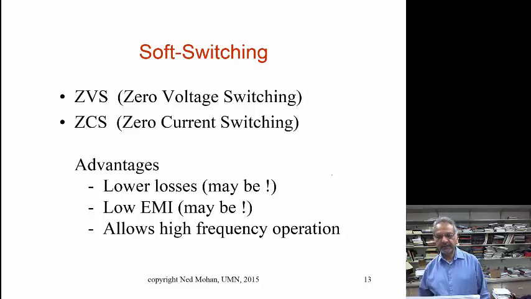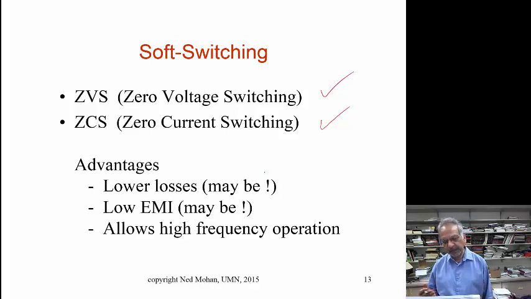So this brings us to this topic of soft switching, and there are two types of soft switching we can look at. One is ZVS, where the transition occurs when the voltage across the device is zero, and the other one is zero current switching, where the switching occurs when the current through the device is zero. And so what are the advantages? Lower losses, quite often the case.